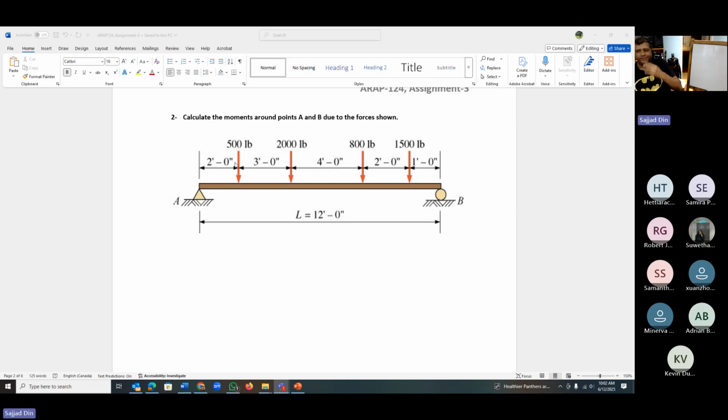And you can do it in reverse for B. 500 times 3 plus 4, so it's 10. So it's 500 times 10, and it is counterclockwise. It'll stay positive.